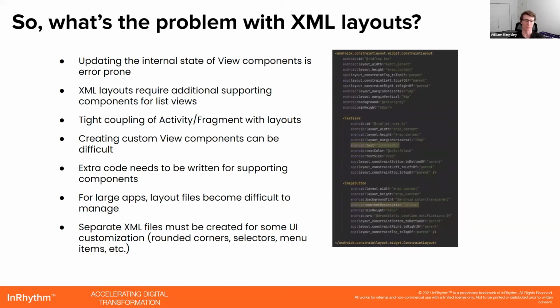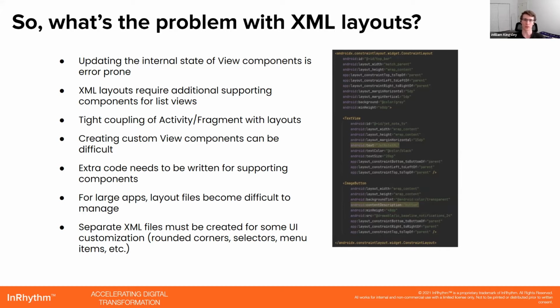Oftentimes, separate XML files need to be created for specific instances of customization. So for example, if you wanted to round the corners of a view, you would probably have to define an XML shape object that would allow you to round the corners of maybe a card, maybe a linear layout.